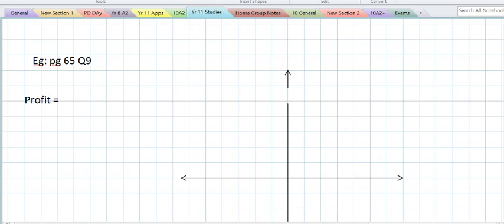Now, I guess it relies on some general knowledge that profit is equal to income minus the costs. Make some sense? It's how much money you get in minus the amount it's cost you. Now, unsurprisingly for us, they've given us some formulas here.